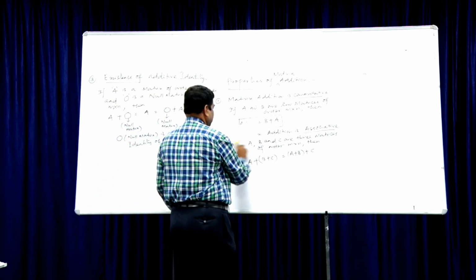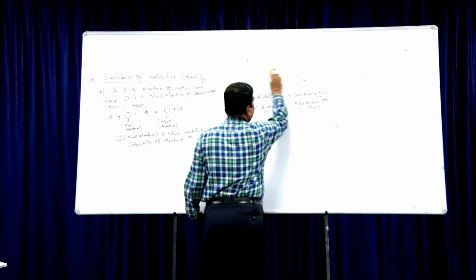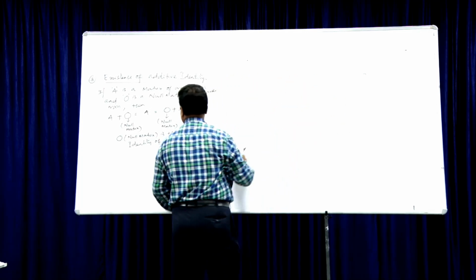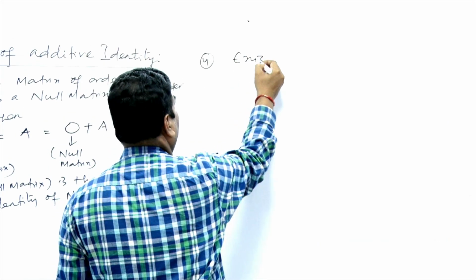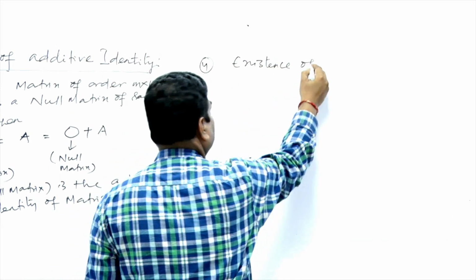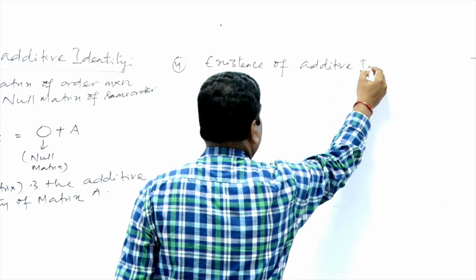Next one is additive inverse. Next property is additive inverse. Number 4 is existence of additive inverse.